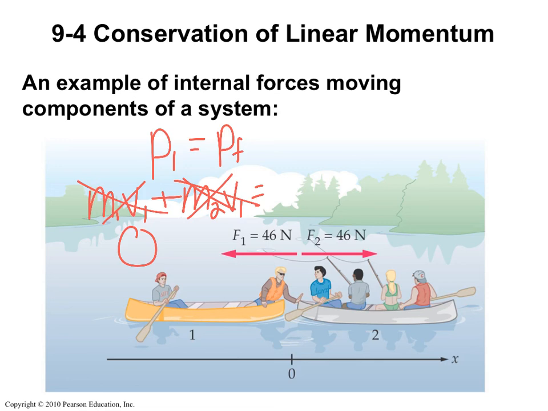So that means 0 equals whatever happens after. So maybe I have M1 V1f plus M2 V2f. Now, given my masses and one of the velocities, I could actually figure out what their final velocities would be. And that'll get us into collisions, which will be our next flipped lesson in a few days.